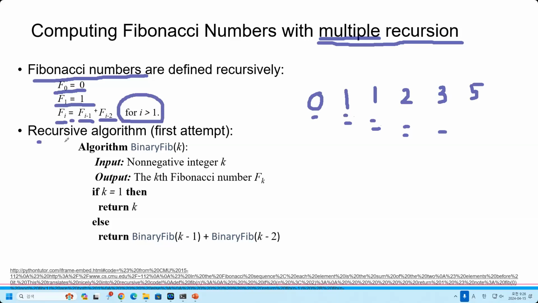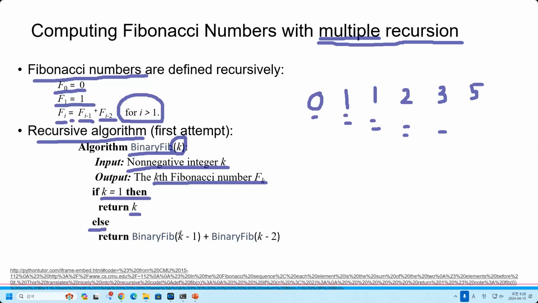Then if we use the recursive algorithm, we can use the binary Fibonacci given k. So k is a non-negative integer. So it means a positive number. So I would like to see the k-th Fibonacci number. If k equals 1, then return k.